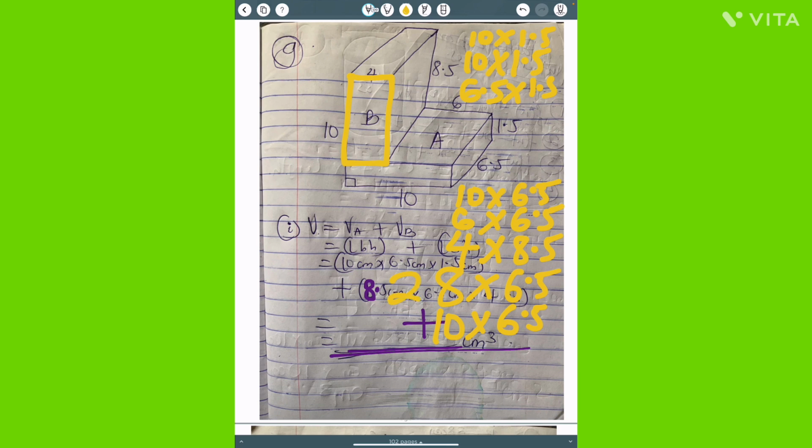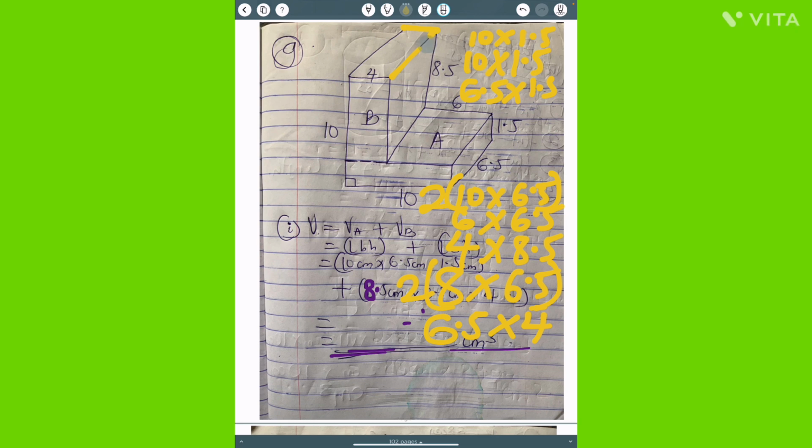So I can just put 2 at the back of this one, so I don't have to repeat any. That's the same. There's another area here that is 6.5 by 4. That's the top area.